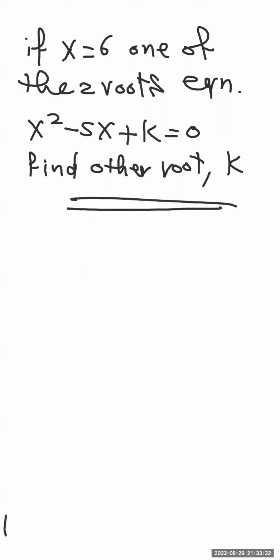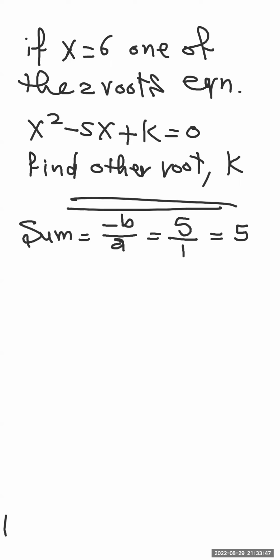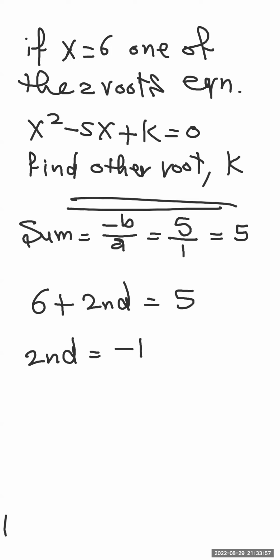Then in this case, I have to use the sum because the sum equals negative b over a. So the sum of the two roots equals 5 over 1, which means that the sum of the two roots equals 5. Now, root 1 plus second root equals 5. So the second root equals negative 1, of course. Correct?